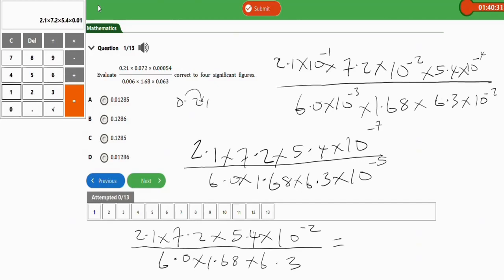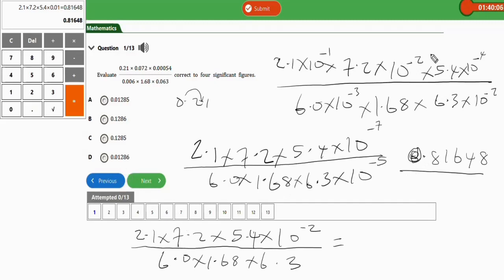So let's press equals and see the output. Let's write it down. We have 0.81648.